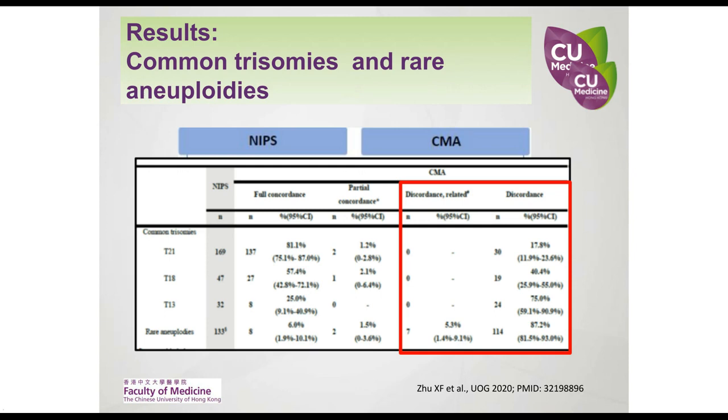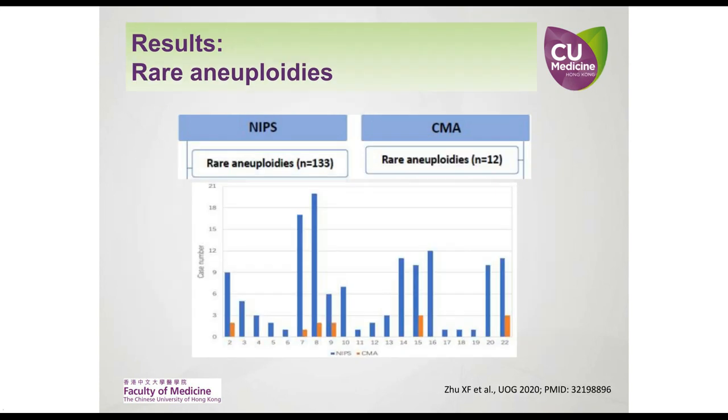So let's look at the numerical finding first. For all the positive NIPS results related to rare aneuploidy, that means not including chromosome 21, they are all represented by the blue bar. From chromosome 2 to chromosome 22, we do have more common positive findings in chromosomes 7, 8 and 15, but how many of them were able to have a positive diagnostic result?